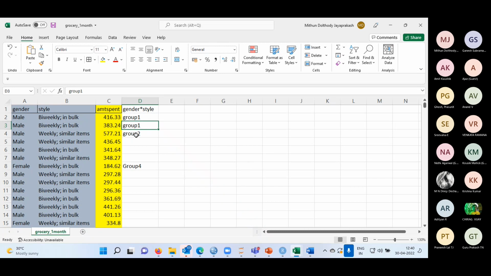If you are looking at only one categorical variable, it is called the main effect. If you're looking at 2 variables, it is called what? Joint effect or interaction effect. Suppose there is an elephant and I'm fighting alone.